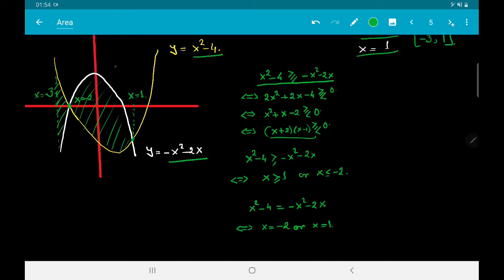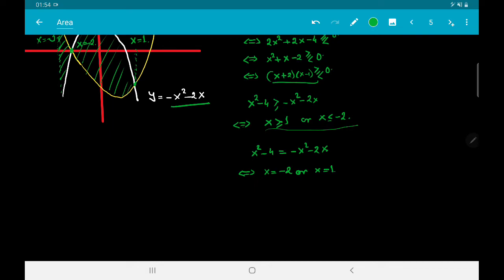Now you can see from our picture, when x is bigger than 1, then the white graph goes below the yellow graph, which signifies that this function is smaller, so x square minus 4 is bigger. This is what is signified by this inequality, and of course these are the points of intersection.